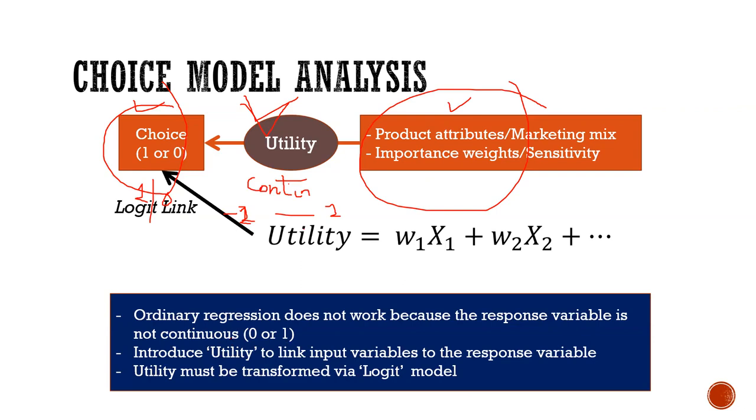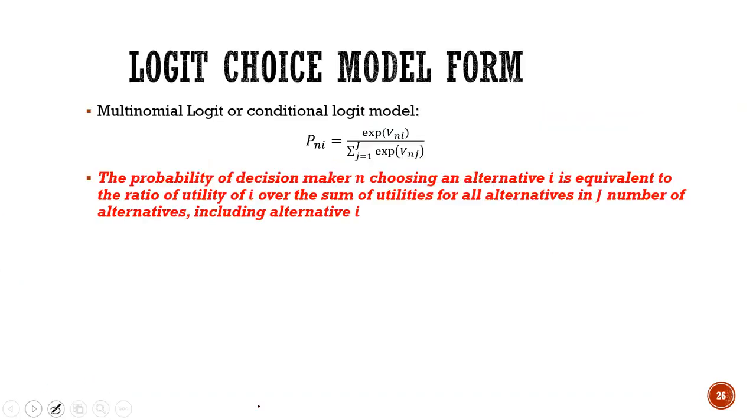It's not a continuous variable. That is why we have to link this binary variable to the attributes via utility. And the utility is assumed to be latent. The consumer has not indicated it in the form of a number, but we have to infer it from all the data that we have, right? That is why it's called the latent utility.